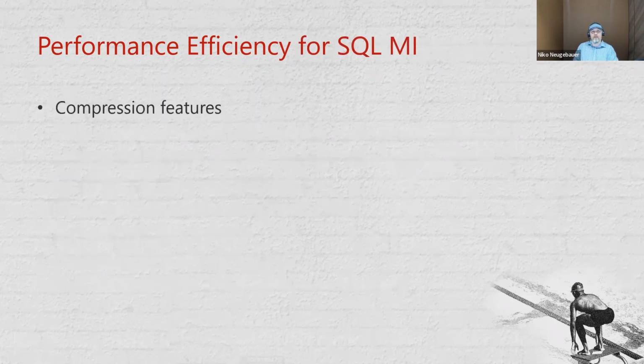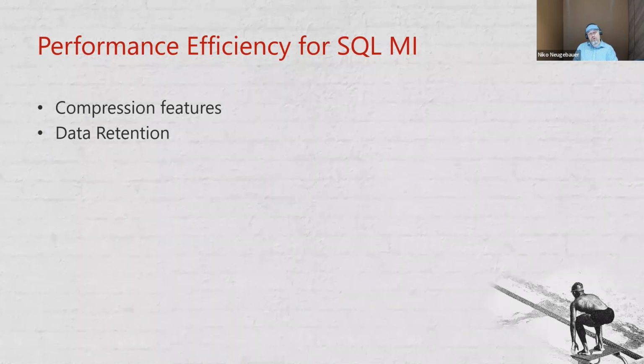So performance efficiency: compression features, data retention. In my professional life, I've seen over and over again how many times, until somebody asks the question, why do we keep the data from 1974 and nobody knows? Because in the 60s, we could not remove the data. There are opportunities, and we give you some amazing tools for archiving your data.